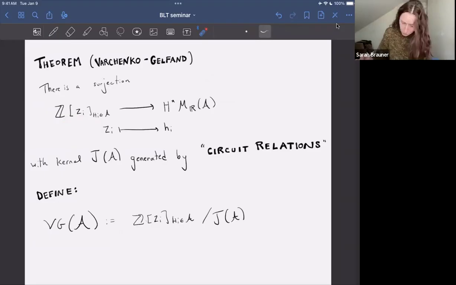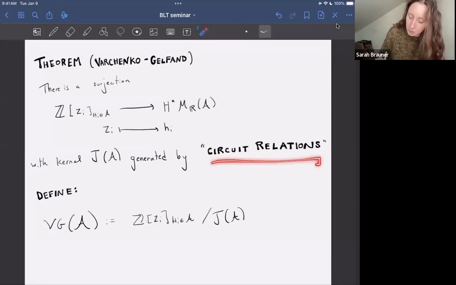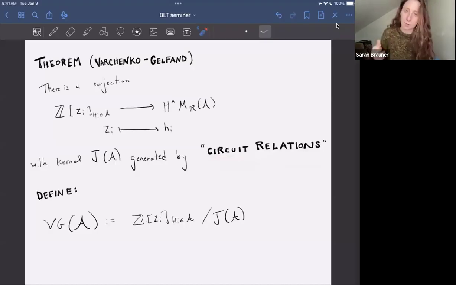And so the kernel of this map is going to be generated by certain circuit relations, relations that depend on the combinatorics of the hyperplane arrangement. And we can define the Varchenko-Gelfand ring as this polynomial ring in the generators modulo these circuit relations. So I'm not going to tell you explicitly what the circuit relations are, but I'm going to show you by example in a second.